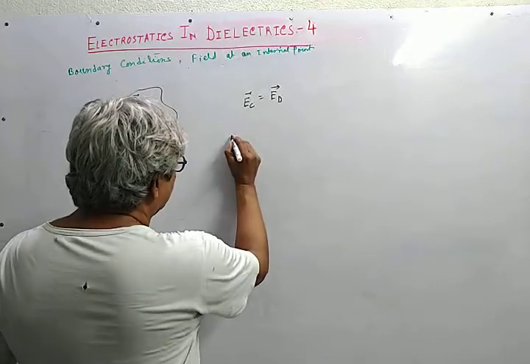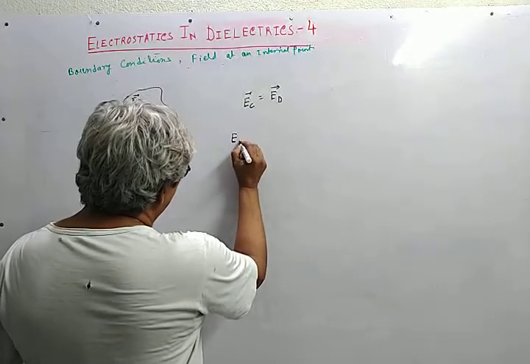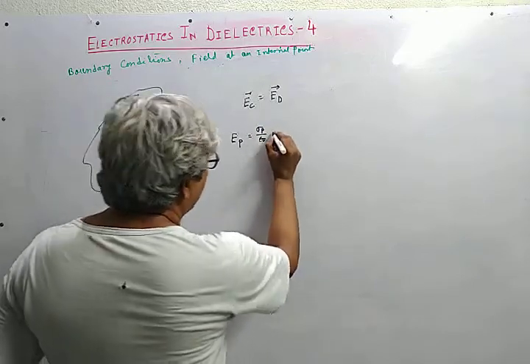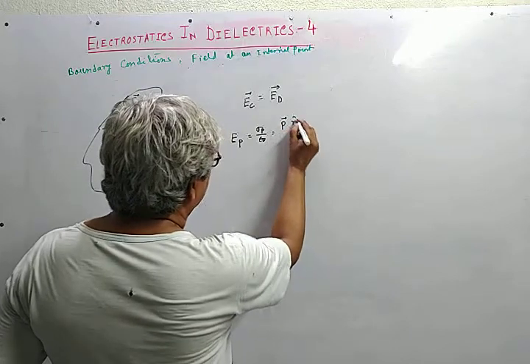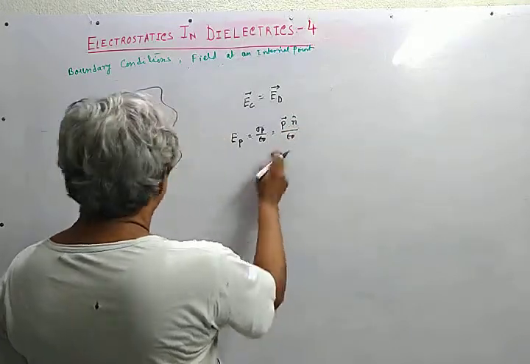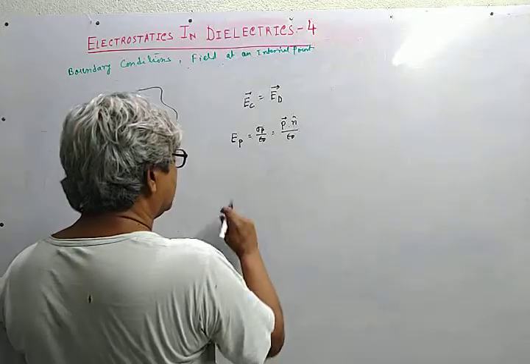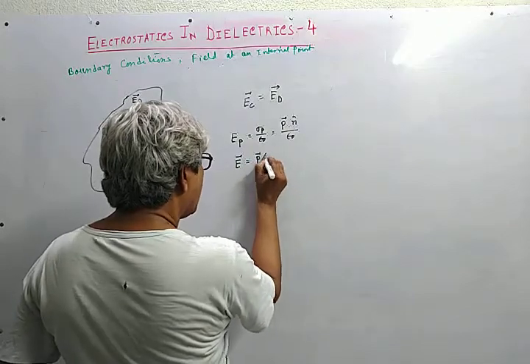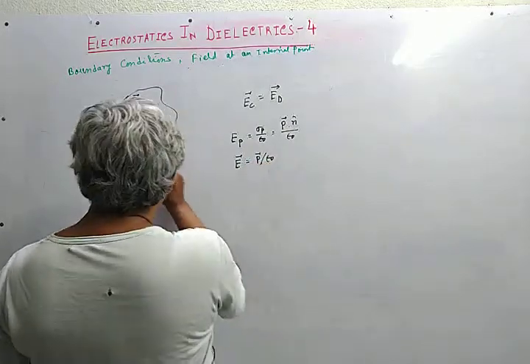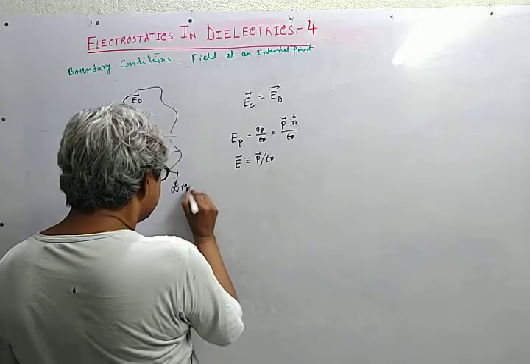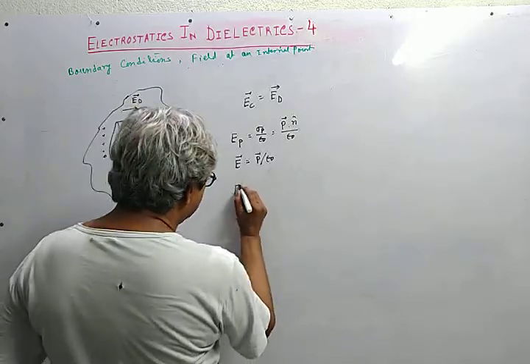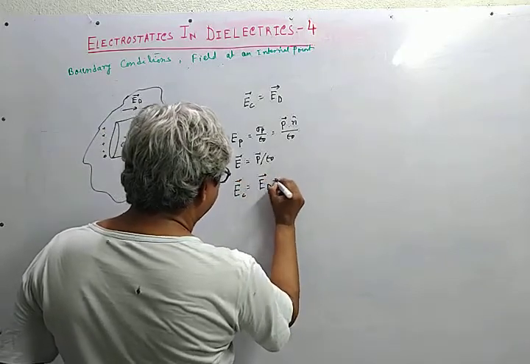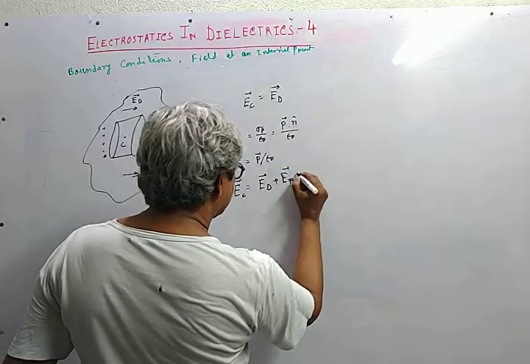So the polarization field is equal to sigma p by epsilon, and sigma p is given by P dot n cap, upon epsilon 0. Because here it is the vacuum, so epsilon 0. In the vector form, it is so. So the field within a disc shaped cavity, EC, is the field within the dielectric plus field due to the polarization.